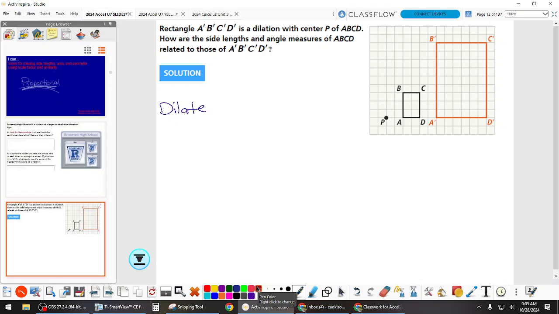So dilate in math can mean bigger or smaller. That's the big thing you need to take away from that. Okay? We use the same word for both. So a dilation is not just bigger. How do we make something bigger or smaller? What math process do we use?